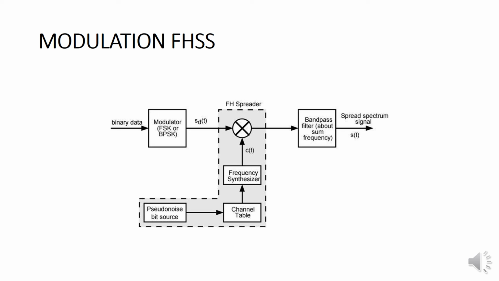At the receiver side, an identical PN generator is synchronized with the received signal and is used to control the output of the frequency synthesizer. Thus the pseudo-random frequency translation introduced at the transmitter is removed at the receiver by mixing the synthesizer output with the received signal.